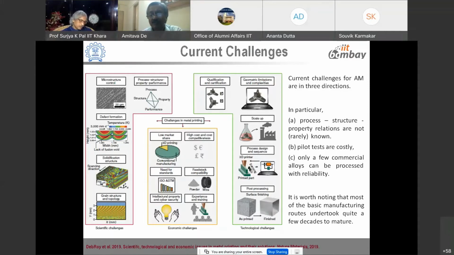And that's what brings about a situation today where, even with this process being worked on at perhaps every other university and lab, as of date, only a few commercial alloys can be processed with reliability. Here I must alert many of my friends and colleagues, and the students also, that it is worth noting, if you read the history of manufacturing processes, most of the basic manufacturing routes took quite a few decades to mature.